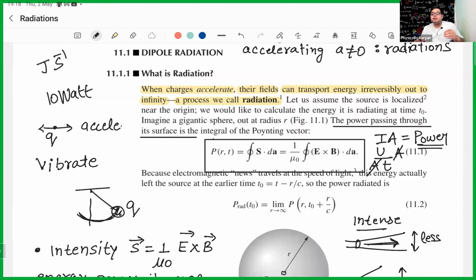Energy will depend upon how much time you use this bulb. If you use the bulb for more time, you get more energy; for less time, less energy. But the parameter of the bulb is power. Power tells you how much energy it is giving every second. An air conditioner is using more energy every second, and my computer is using less energy per second. Power is different for both of them.